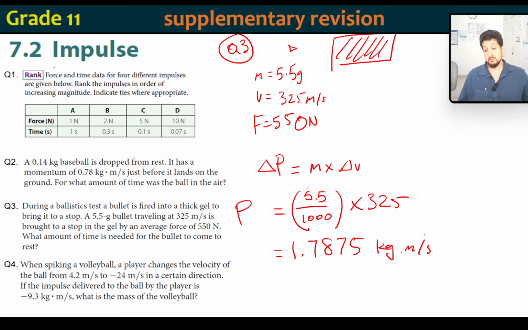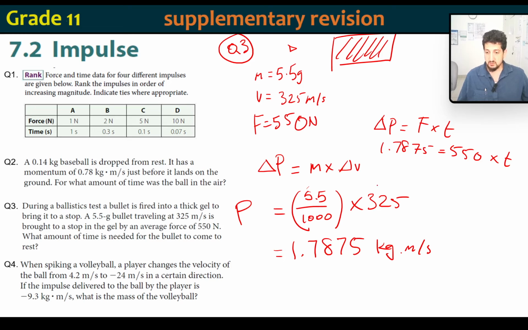That is the momentum. And then I have the momentum, I have the force. What do I do now? Come on, remember the formula. The formula is change in momentum equals force times time. I have the momentum, which is 1.7875, and I have the force, which is 550 multiplied by t. I can find t, so it's 1.7875 divided by 550.